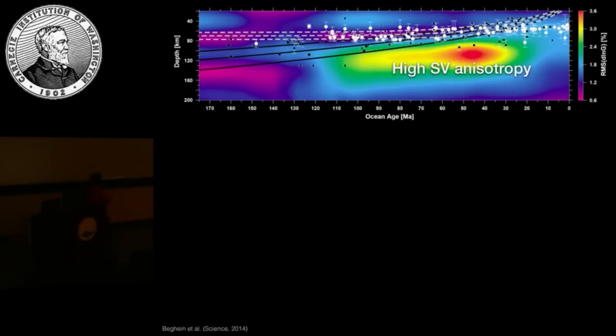The amplitude of the anisotropy is high in red, and low in blue and purple. So we have a very strong anisotropy here, and that corresponds to pretty much the middle of the plate, around 100, 150 kilometers depth. This has been seen with radial anisotropy before, but not with this.